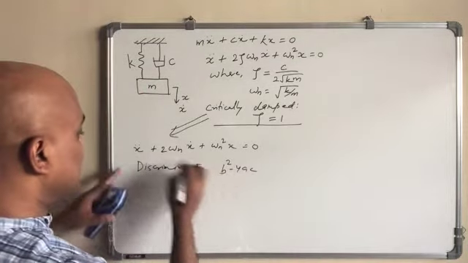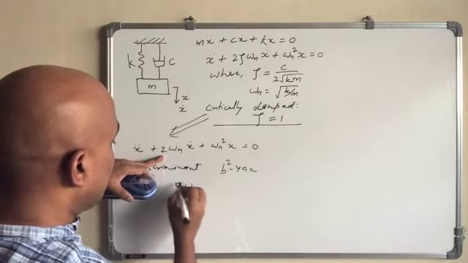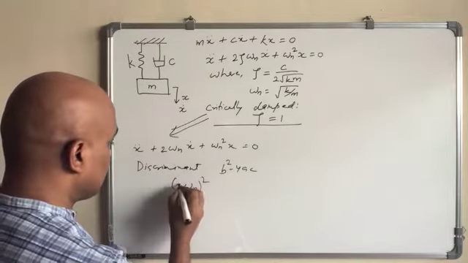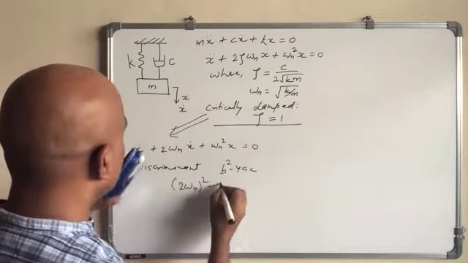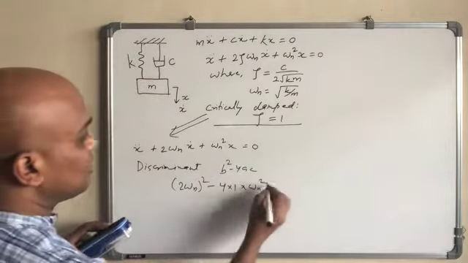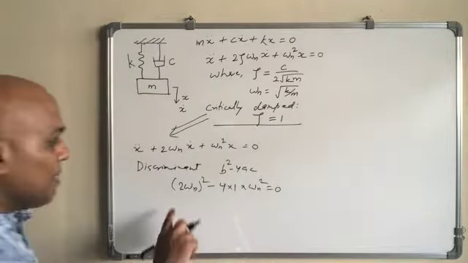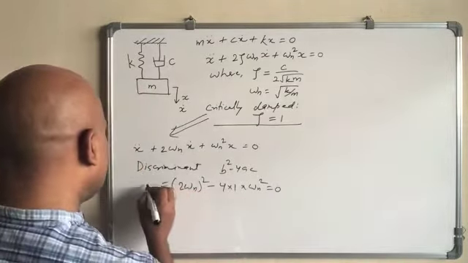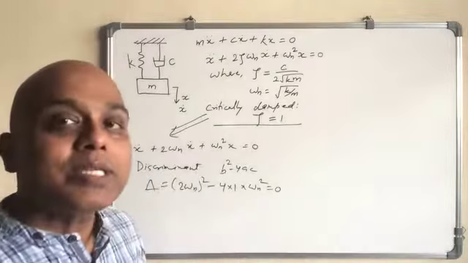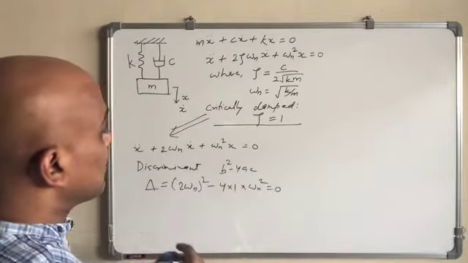So in this case, what we get is 2 omega n square minus 4 times 1 omega n square, which is equal to 0, right? Since the discriminant is 0, that means it has a repeated root.